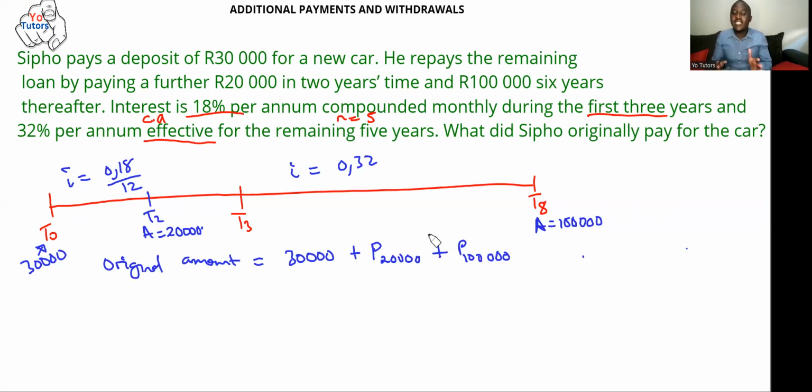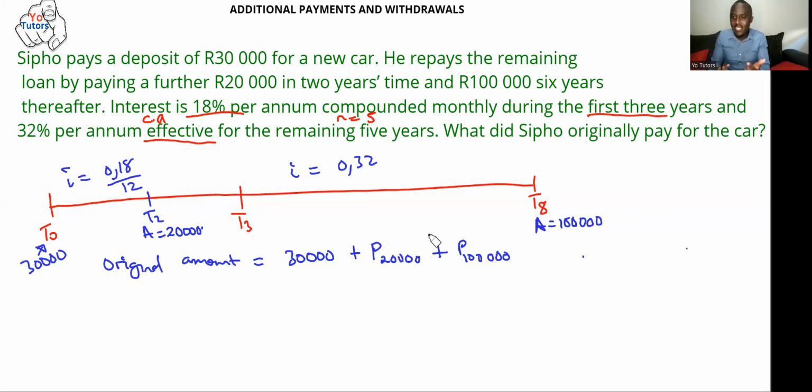What you need to understand is that this money grew from T0. It's something that is owed at T0, but now it's paid back in installments.